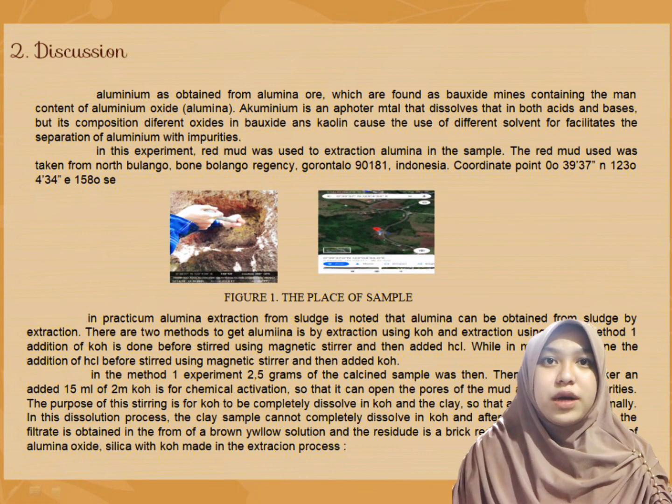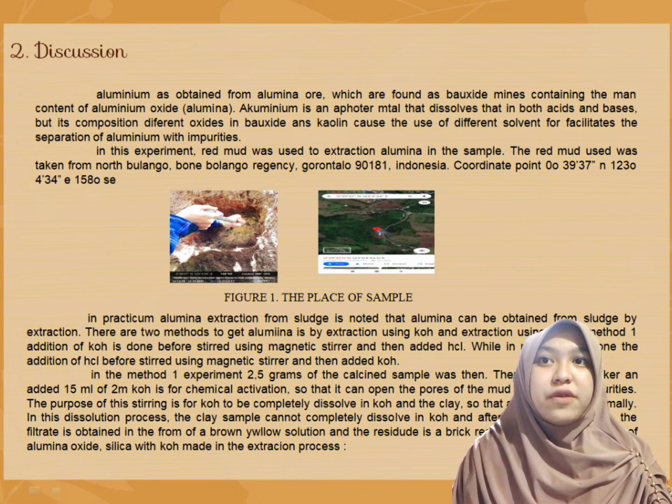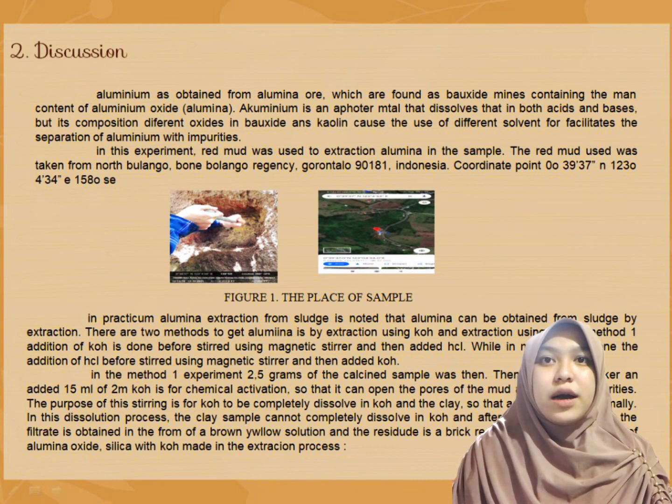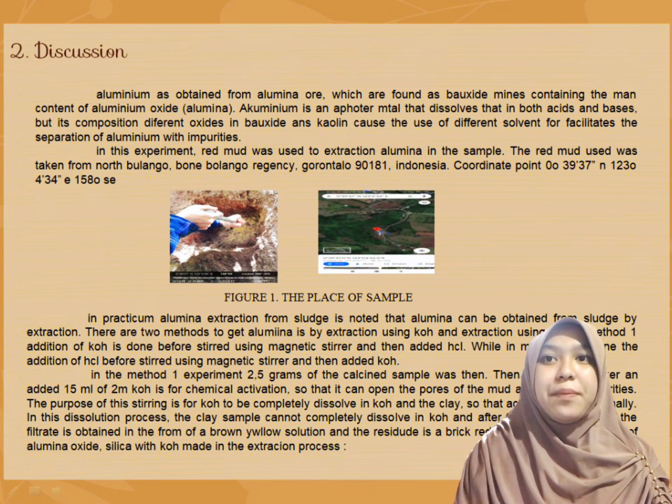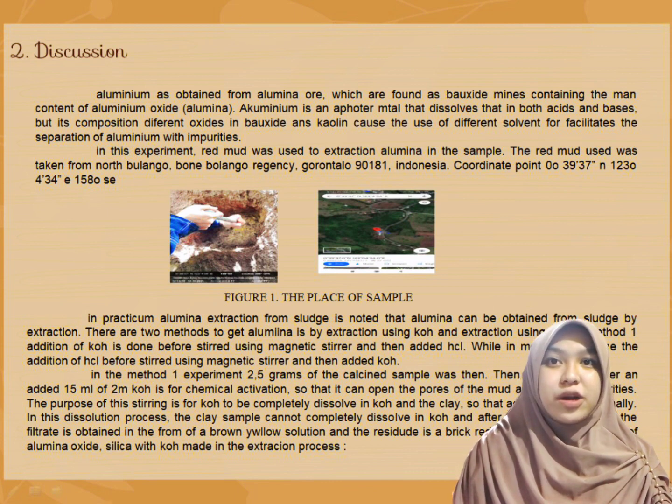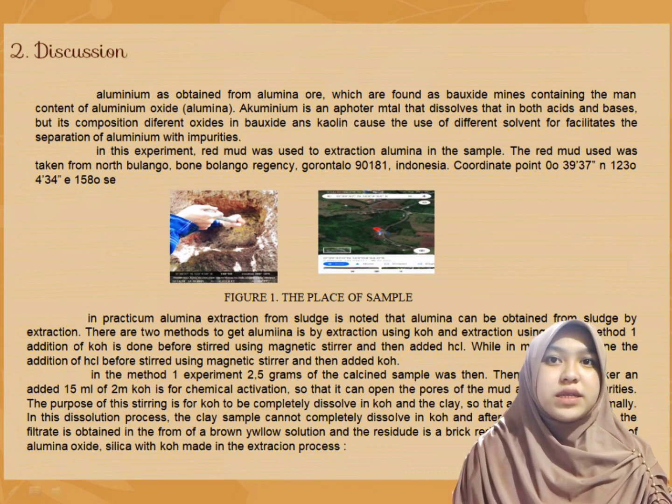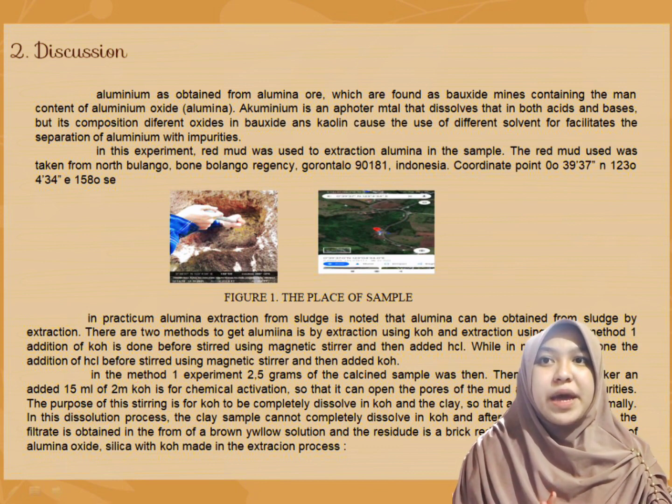The red mud used was taken from North Bolango, Bone Bolango Regency, Gorontalo, 90181 Indonesia. In the practicum on alumina extraction from slag, it is noted that alumina can be obtained from slag by extraction.